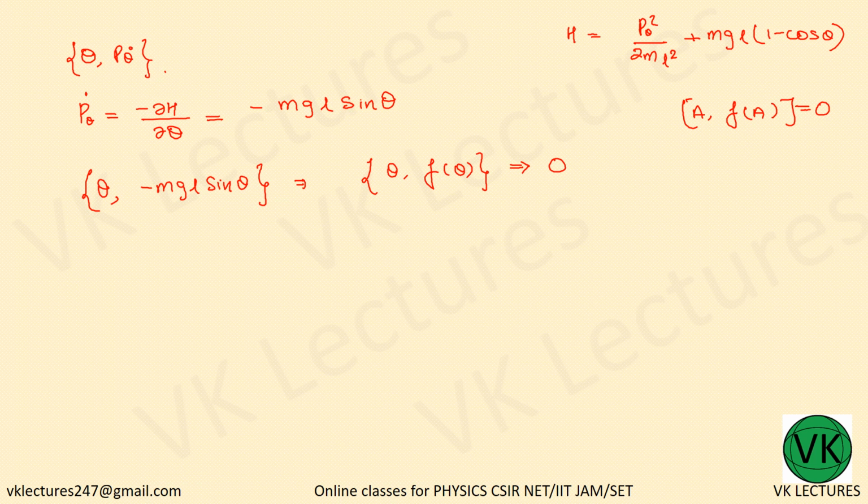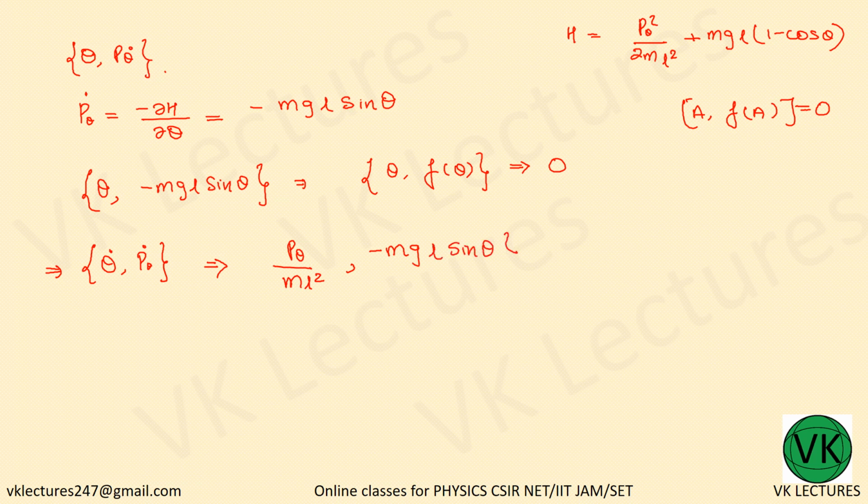Now coming to theta dot comma p theta dot, we have the theta dot formula, that is theta dot equal to p theta by ml squared, comma p theta dot, which is minus mgl sin theta.